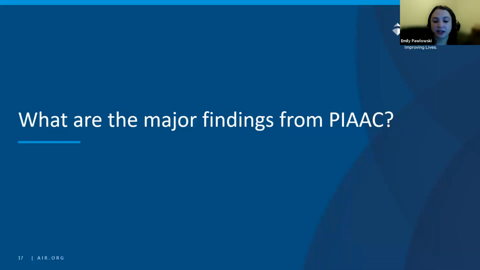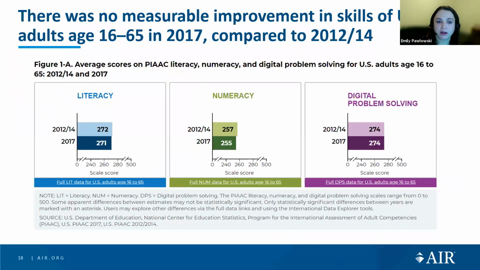So now that you have an idea of what's included in the assessment and how PIAAC data is collected, I'm going to go over a few major findings from PIAAC. As I mentioned before, there were 3 rounds of data collection, but the 2014 data collection is not nationally representative on its own.